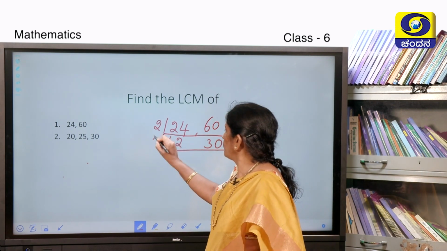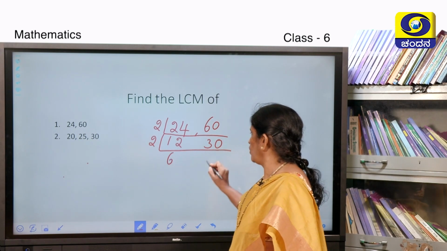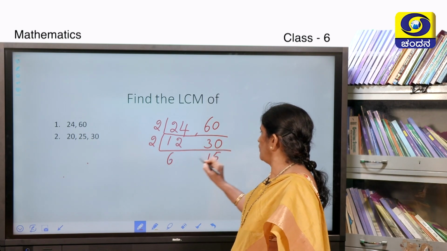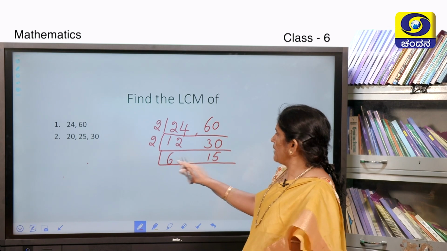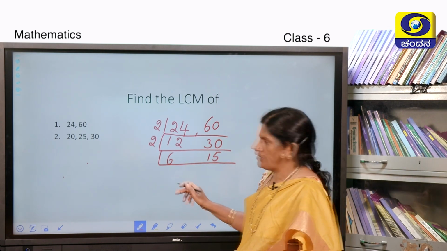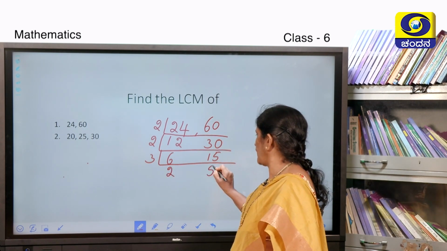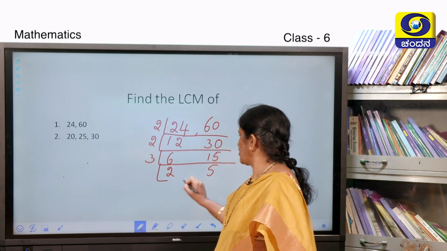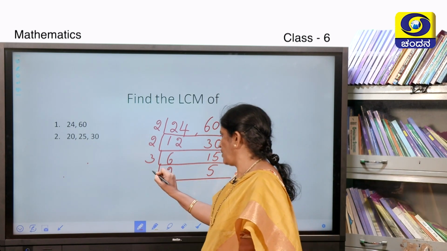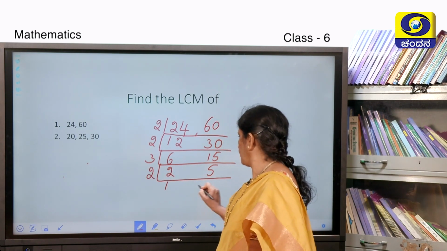Again by 2, 2 6s are 12, 2 1s are 2, 2 5s are 10. Again 6 and 15 we can divide by 3. So, 3 2s are 6, 3 5s are 15. We can stop here as 2 and 5 are prime numbers. 5 as it is.